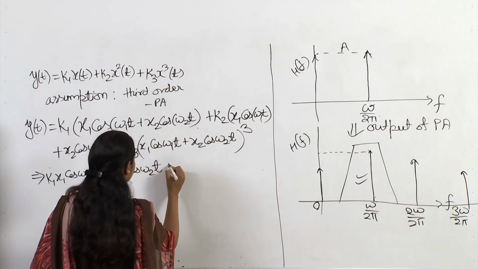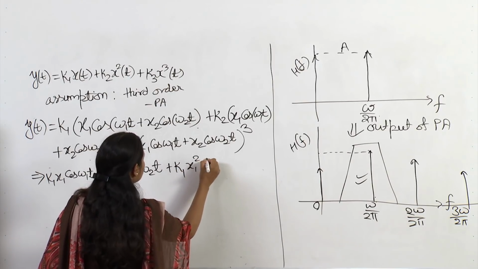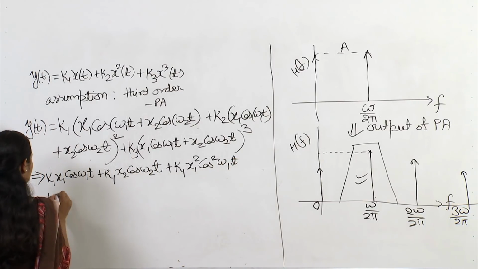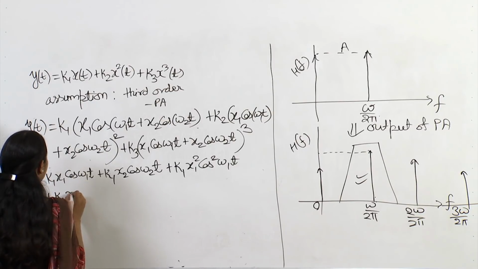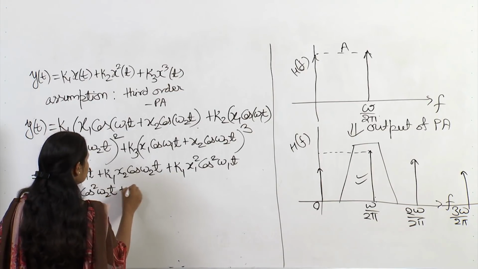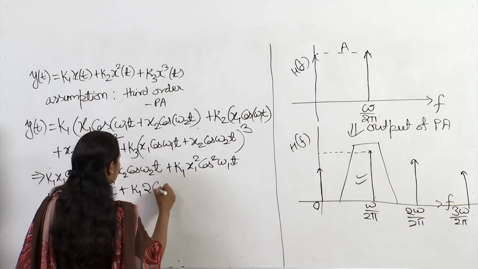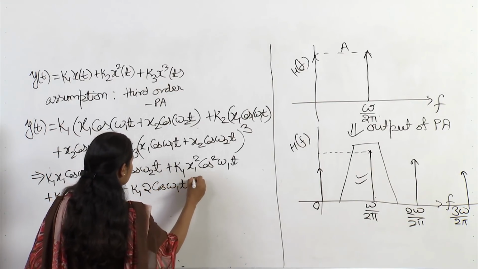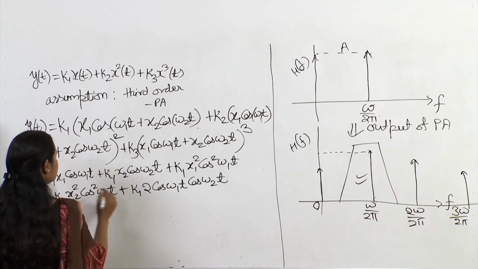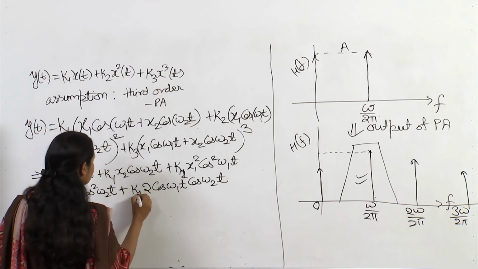Now in this expression it will have terms such as k2 x1 square cos square omega 1t plus k2 x2 square cos square omega 2t plus k2 times 2 x1 x2 cos omega 1t cos omega 2t.